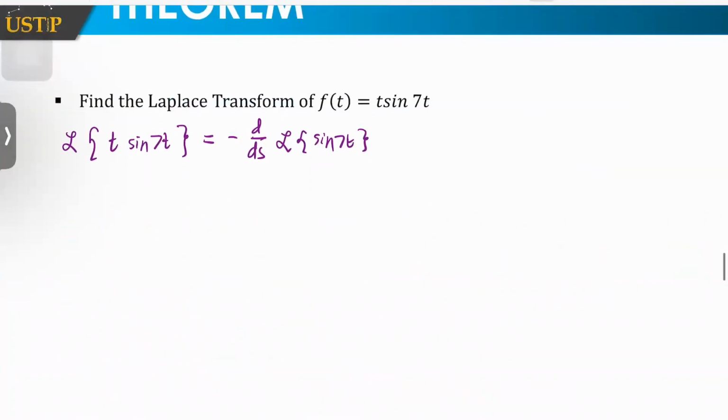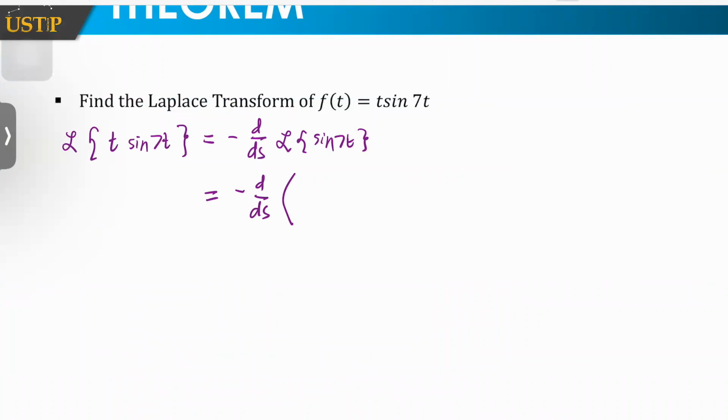Okay, so we want to get the Laplace transform first of sine 7t, and we know from our previous lecture, you can check the table if you have forgotten about that. But again, please solve a lot of problems so that anad na mo unsay iyang itsura ba dili na kay mo magtan-aw sa table. Okay?